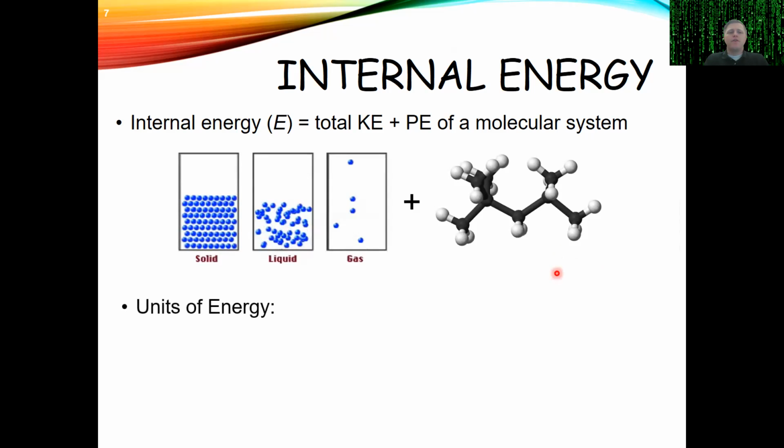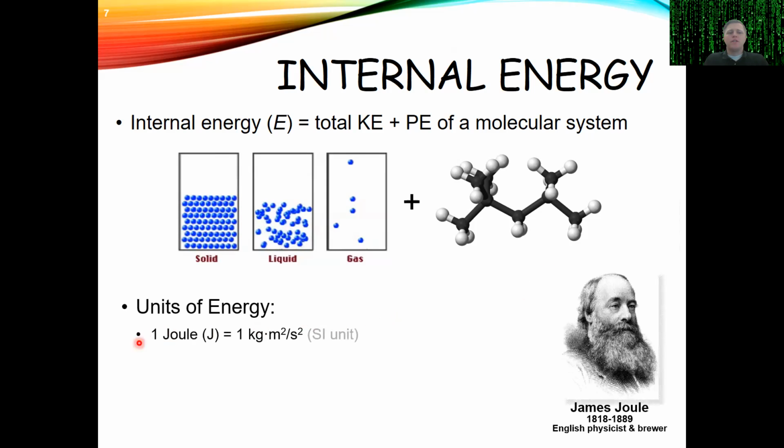Now we have several units for energy. These aren't too bad. The first one is the joule, which we've already used a little bit, right? A joule is equal to a kilogram times meter squared per second squared. But we aren't always going to use the joule because it's not the most convenient all the time. So we'll often use this other unit, the liter atmosphere. This is not some special thing.